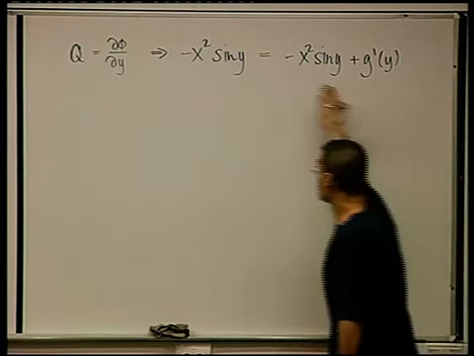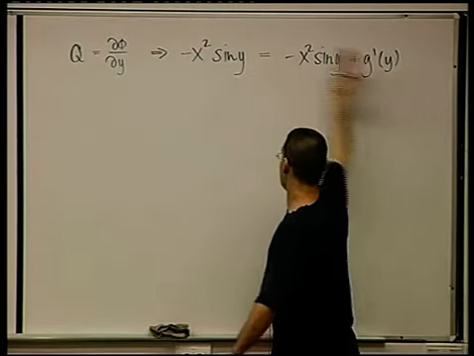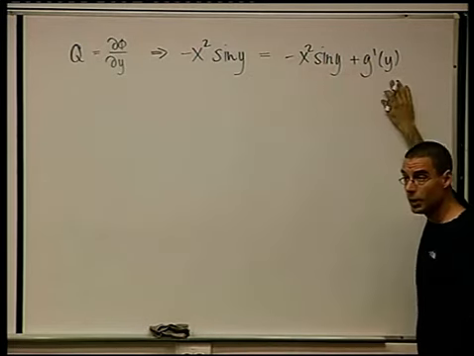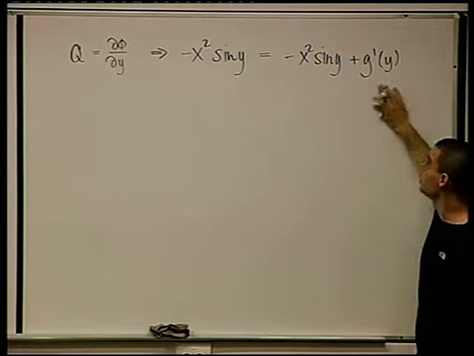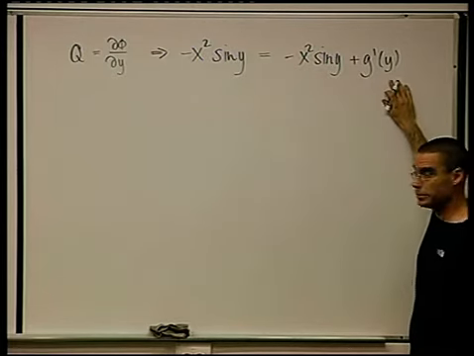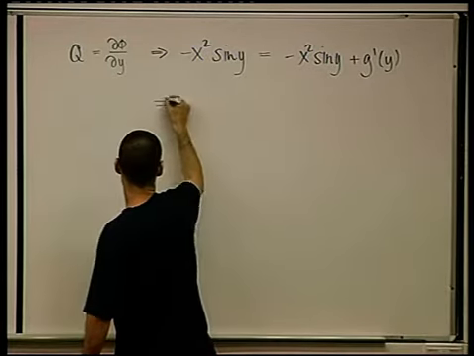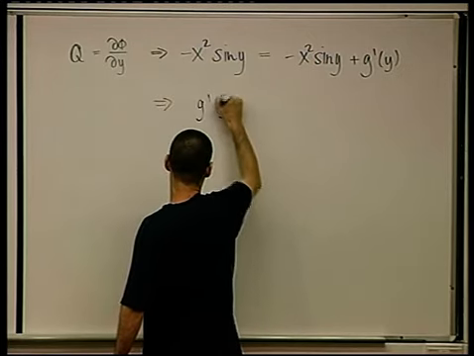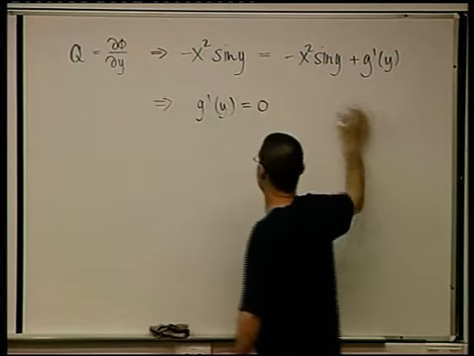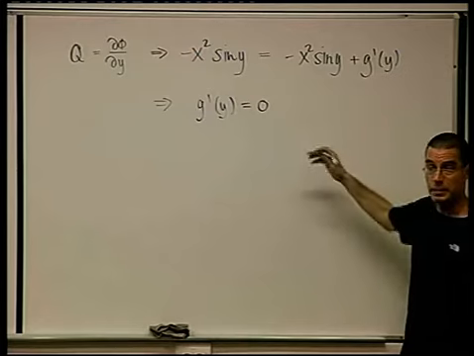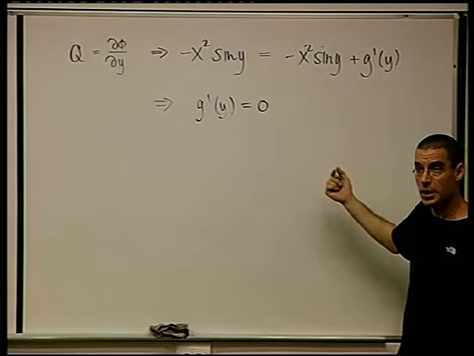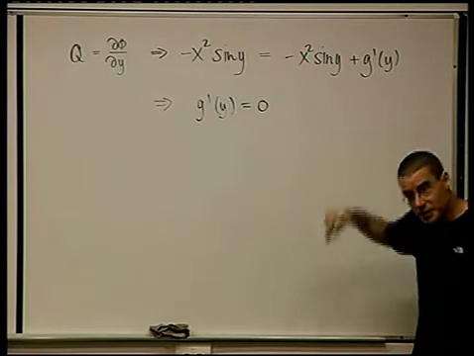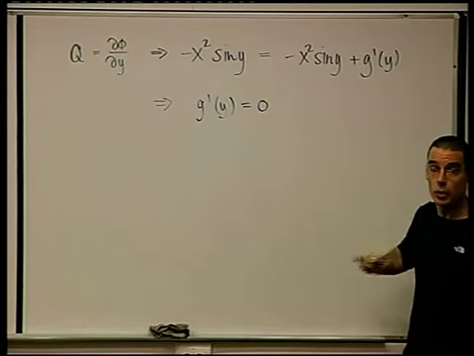So what can we conclude from these two things having to be equal? That in this example, g prime of y has to be 0. And what does that mean about g itself? Right, it turns out that in this example, g is in fact only a constant.